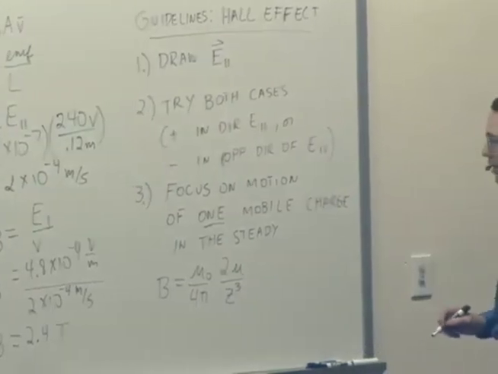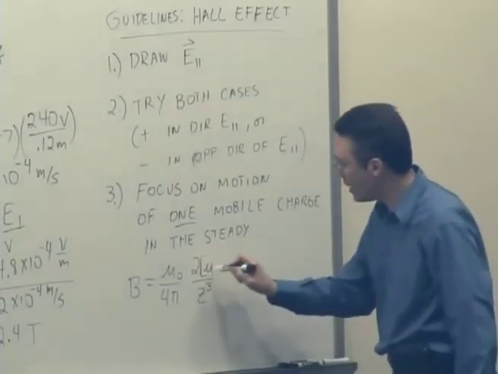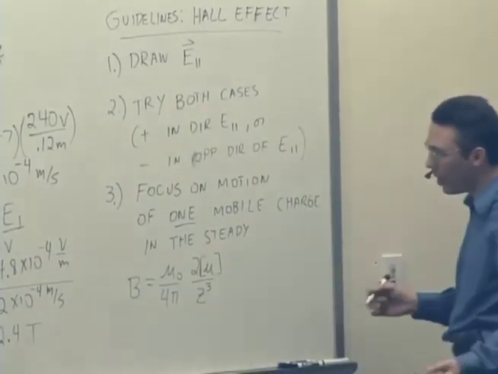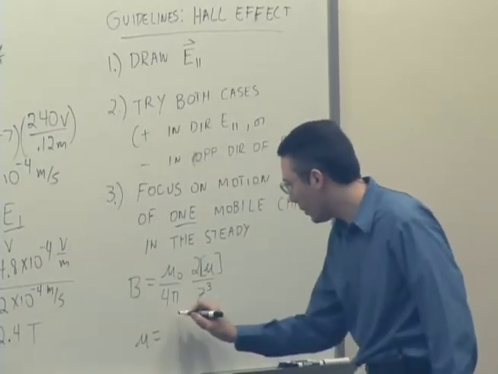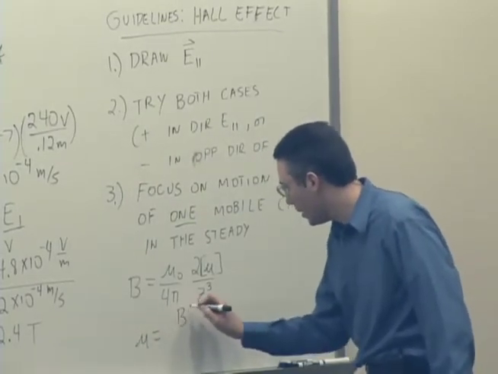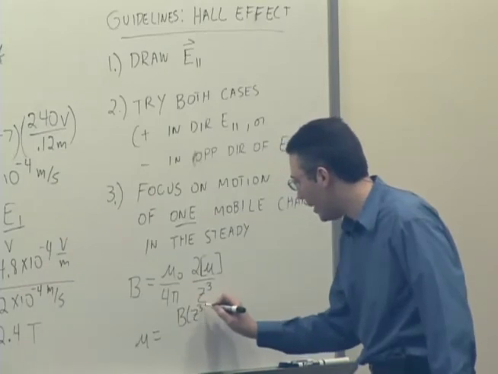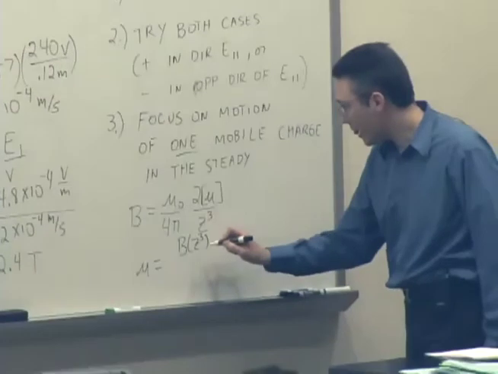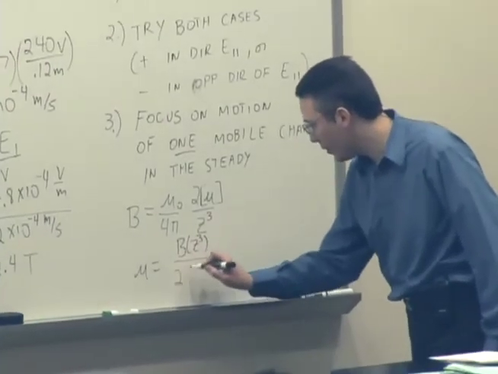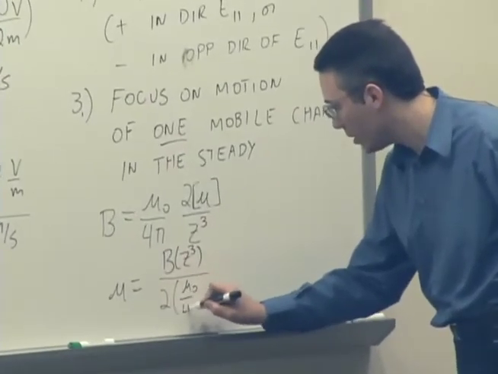So mu here is the magnetic dipole moment, essentially the strength of the bar magnet. We could solve for that at this point. And it looks like we're probably going to get a pretty high number here. So we have B, the magnetic field, times the distance cubed, divided by 2 times mu naught over 4 pi.